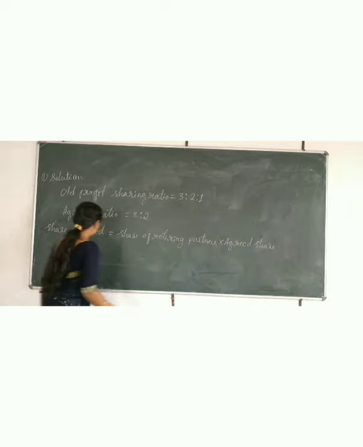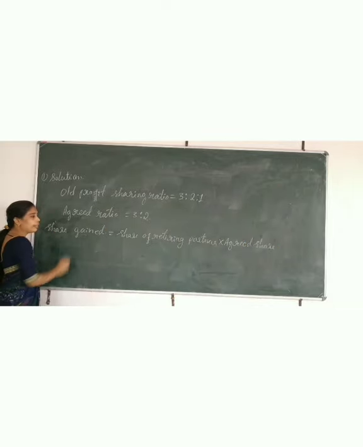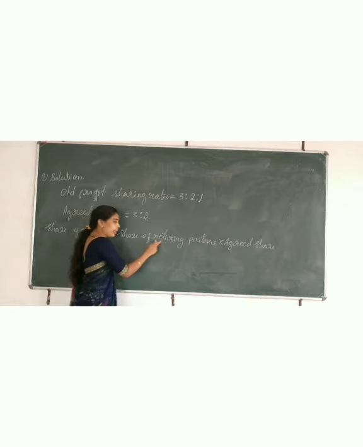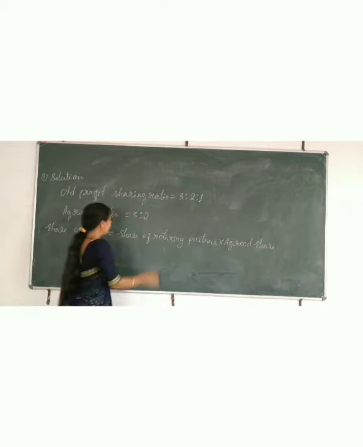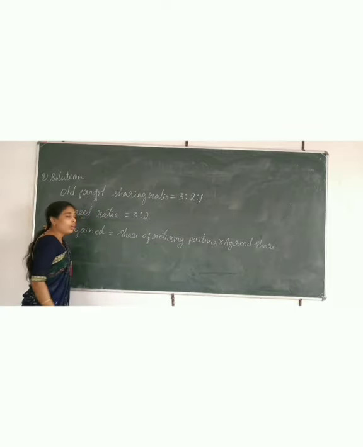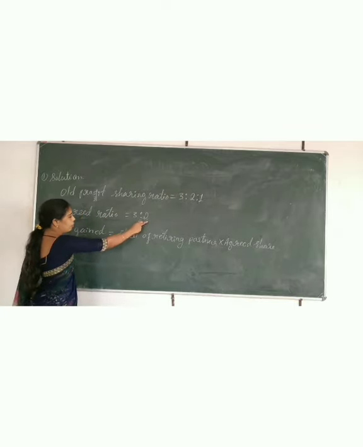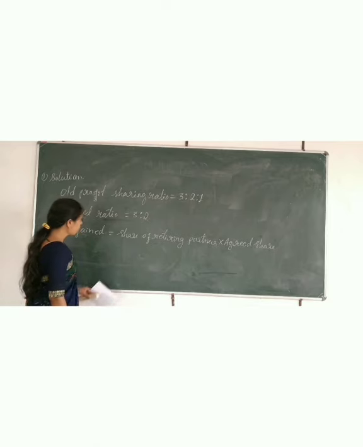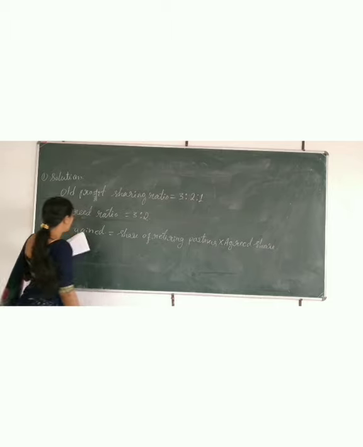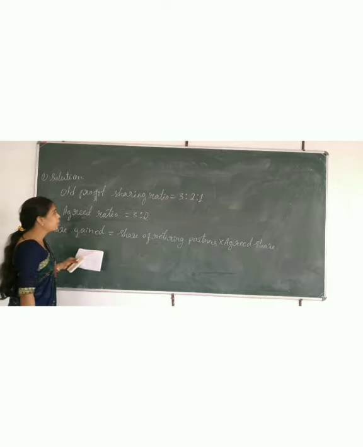For calculating share gain, we need the share of the retiring partner and also the agreed share. The agreed share ratio is there, no? That is 3/5 and 2/5. The share of the retiring partner is given in the problem itself. So using that we will calculate the share gain by each partner.